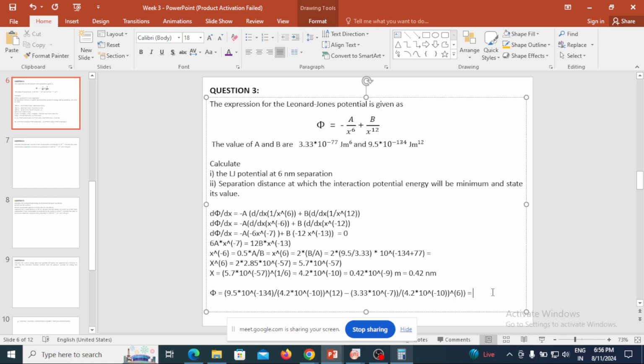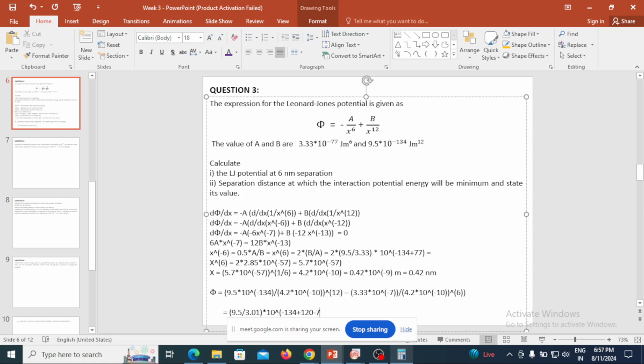So that will be 9.5 divided by 3.01 times 10 to the power minus 134, and 10 power minus 10 whole power 12 will be 10 power minus 120, and when you take it to the numerator it will be plus 120 minus 7.